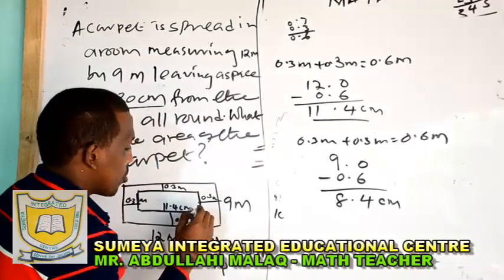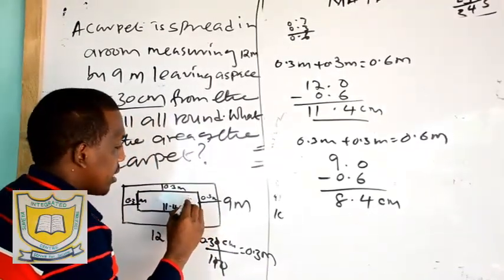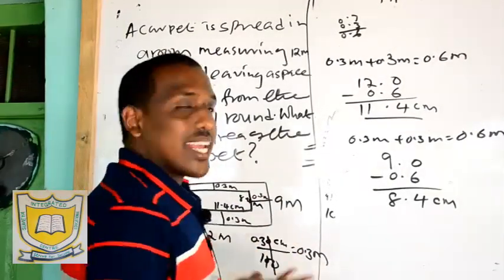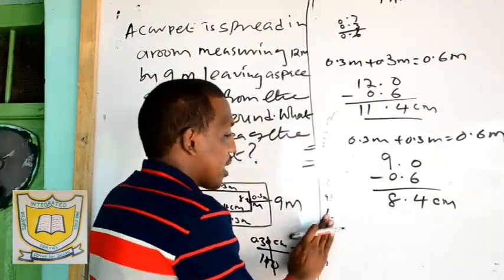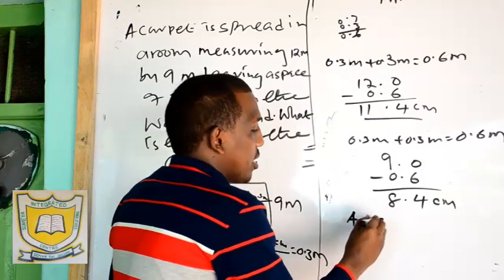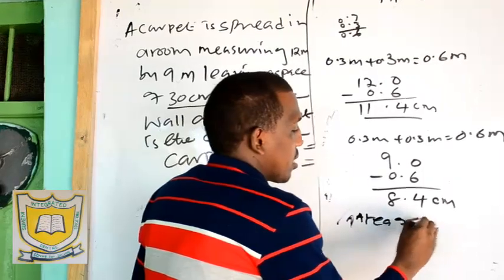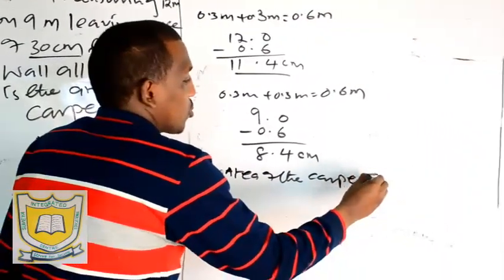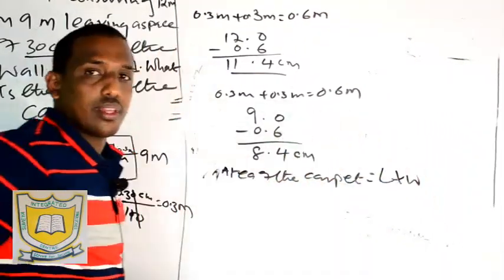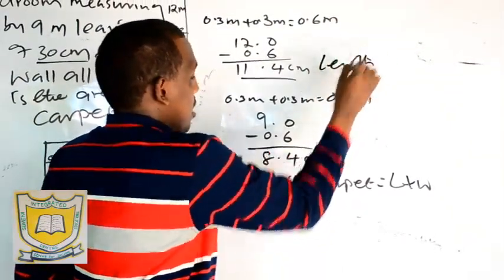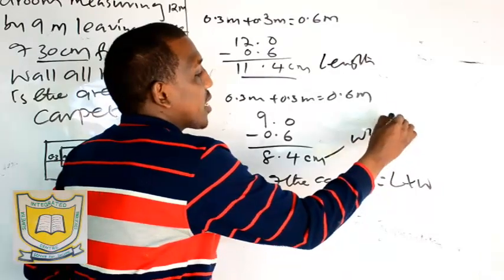So here, the width now is 8.4 meters. To get the area of the carpet, let's get the area of the carpet. Area of the carpet is equal to length times width. Remember, this was the length of the carpet, and this was the width of the carpet.